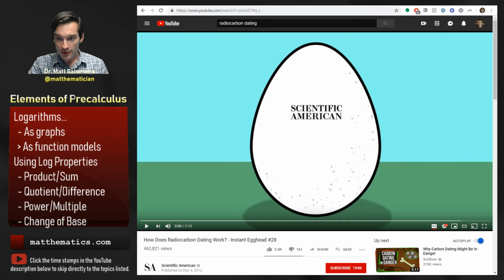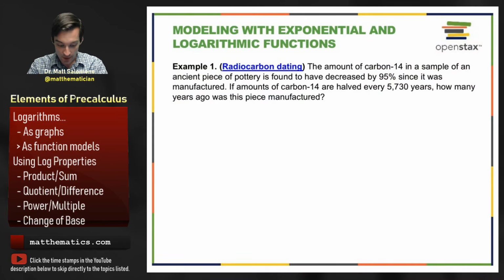So the first thing I want to do is give you a quick introduction to radiocarbon dating for our first example. So here's the example. The question is that if we measure the amount of the 14 isotope of carbon in a sample of an ancient piece of pottery, then we should be able to use that measurement to determine how old that piece of pottery was.